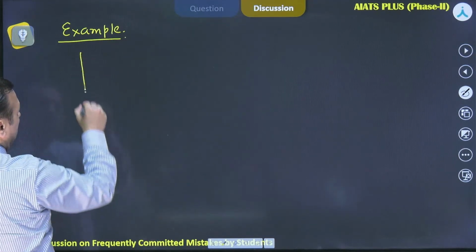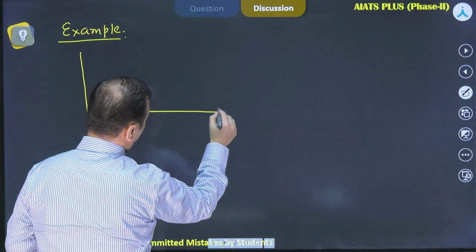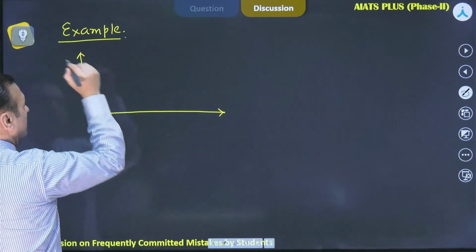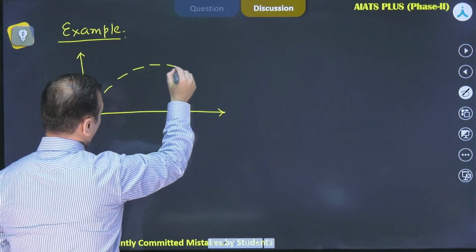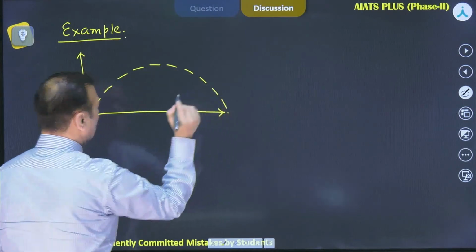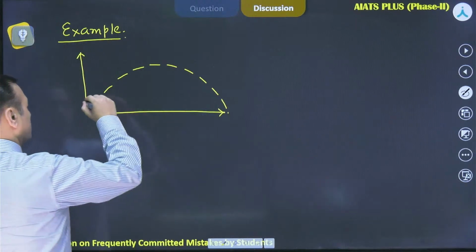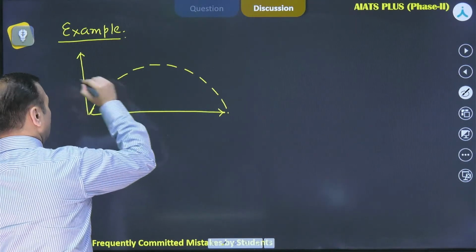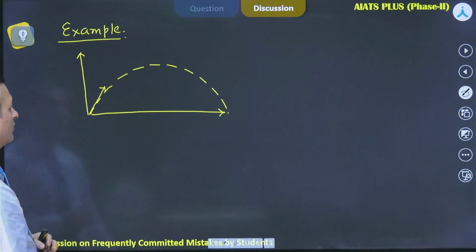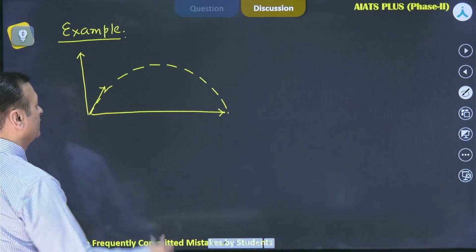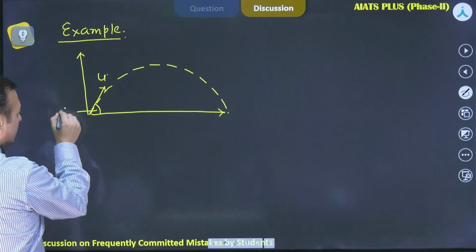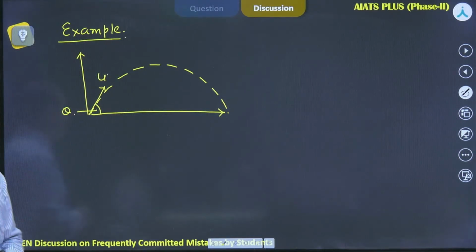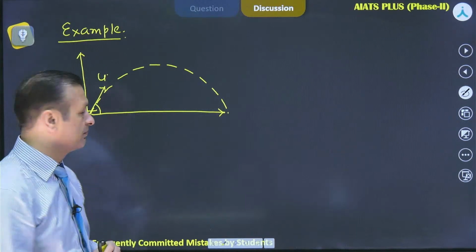So let's understand a projectile situation. Let's suppose you take one particle, right? And this particle is projected with speed u at an angle theta. You got it?